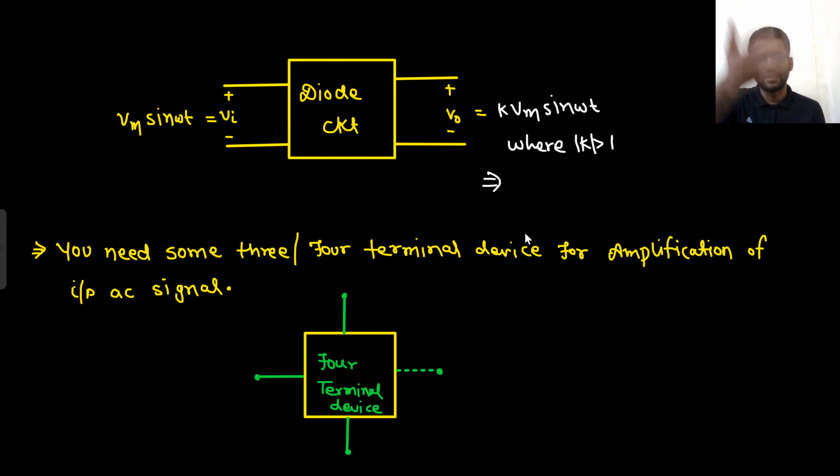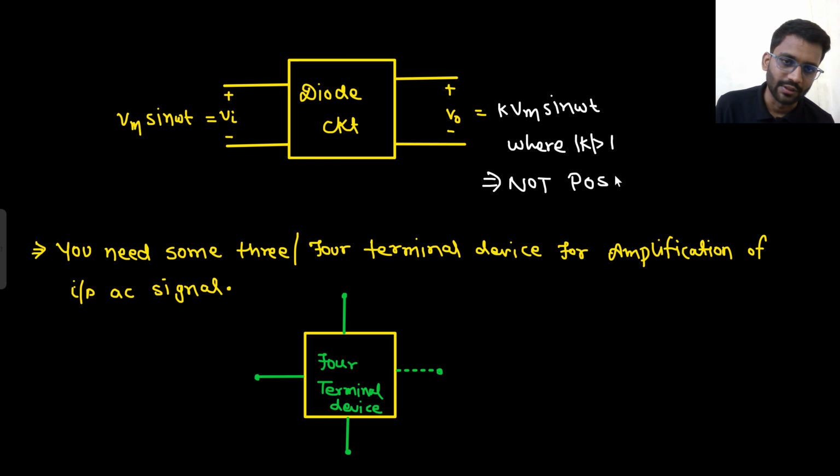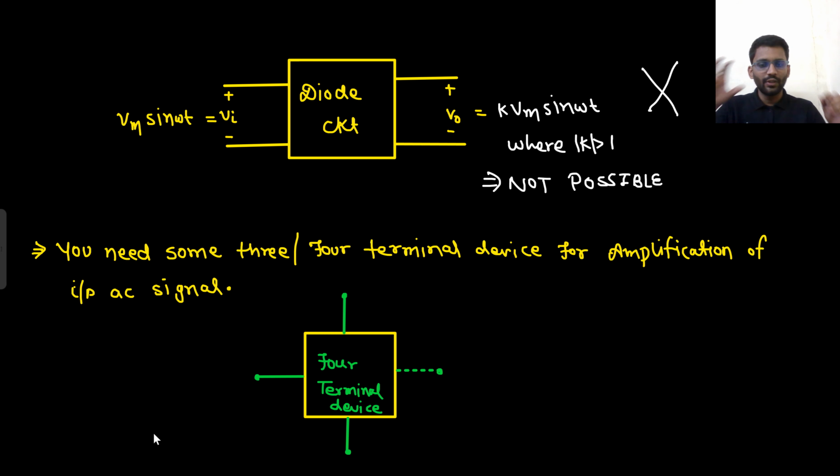That is also amplified, just the phase is changed. So this is not possible. I can put a cross mark. So you need a 3 or 4 terminal device now for the amplification of the input AC signal.